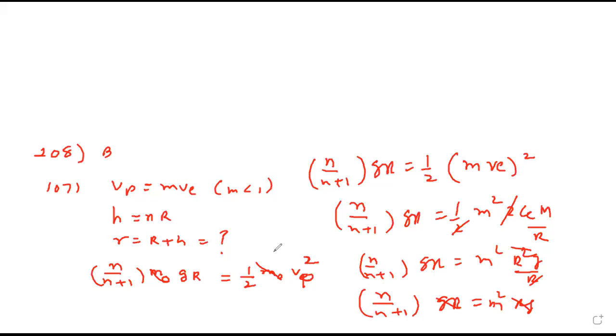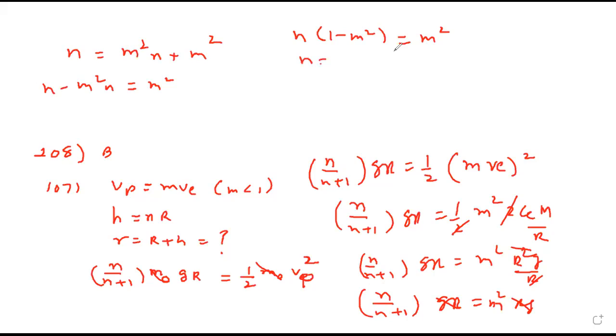So we get n equals m squared n plus m squared. Therefore n minus m squared n is m squared. n common, 1 minus m squared equals m squared. Therefore n equals m squared upon 1 minus m squared.